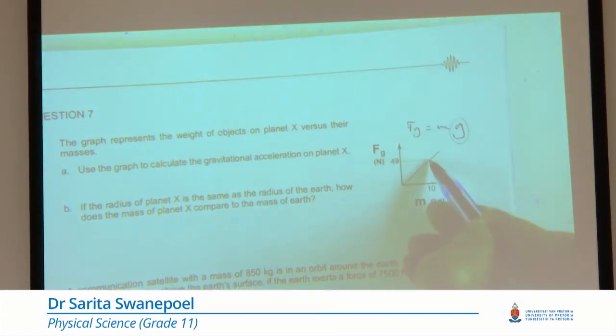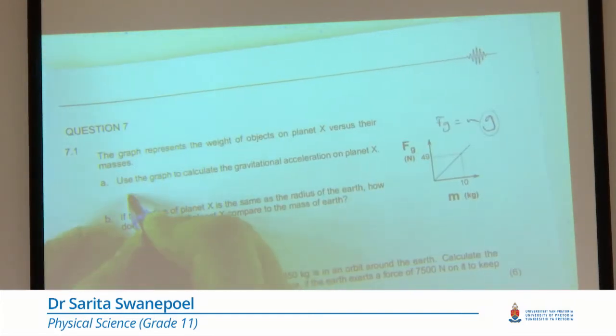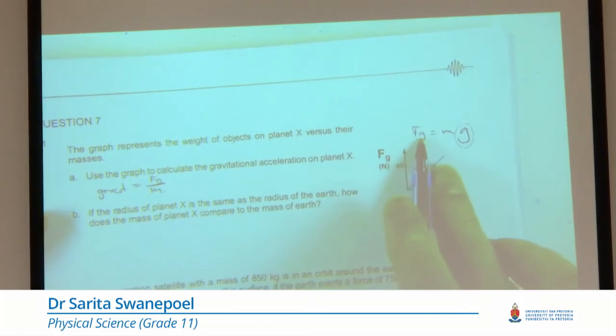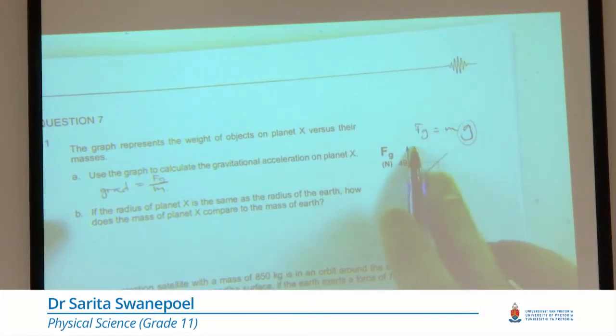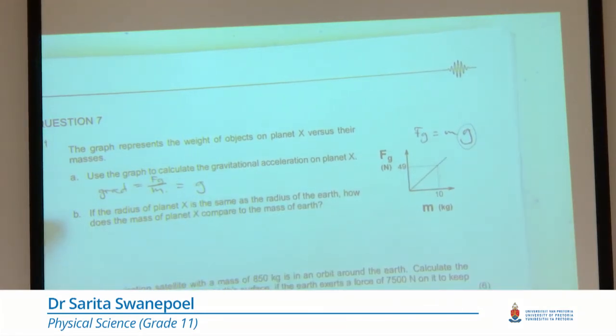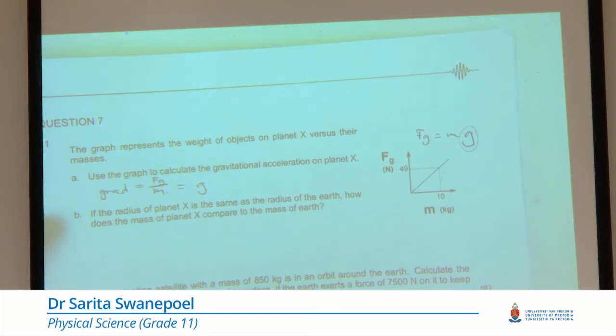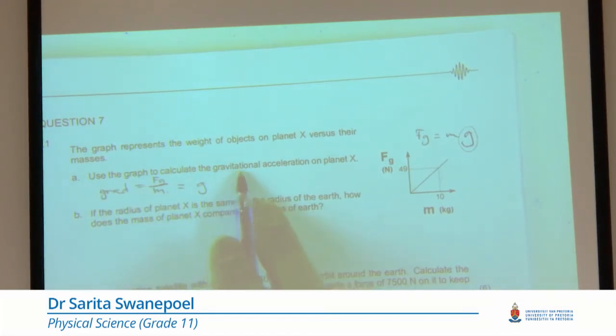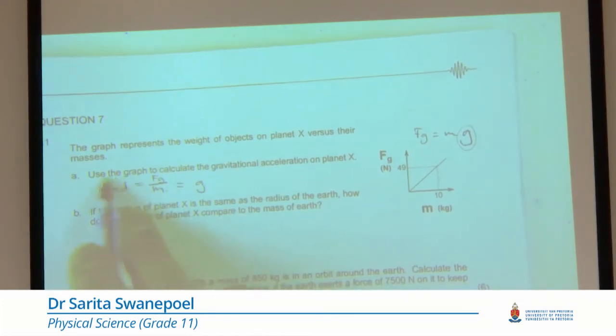But now I'm asking what is represented by the gradient. If you get the gradient of that one, the gradient will be the gravitational force divided by m. Now if I have Fg divided by m, what will that be? Well, nice. Gravitational acceleration. So this time the gradient is just the acceleration. So you have one of two options. When they ask you to use the graph to calculate it, you can work out the gradient.